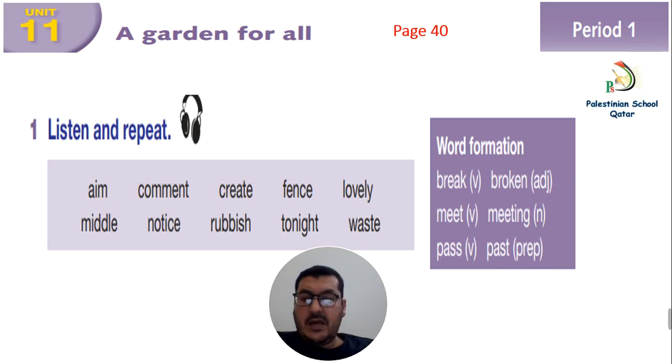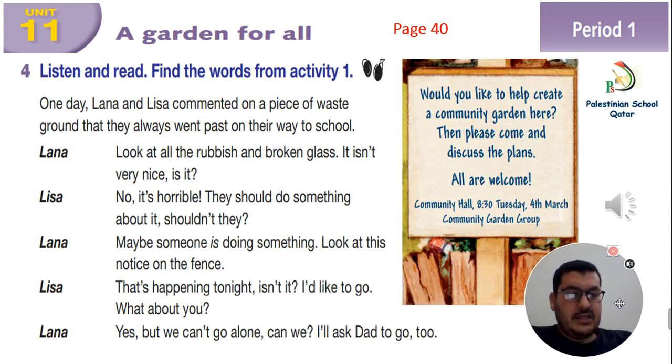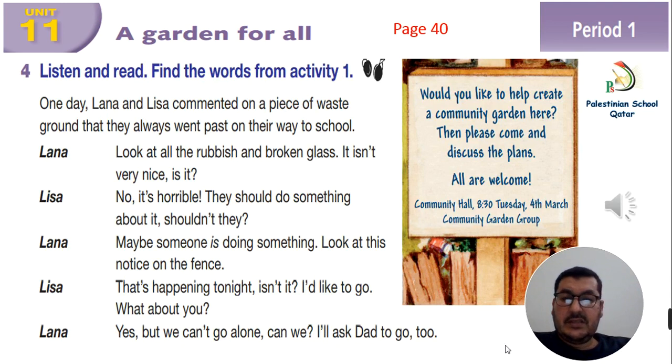Now today let's continue talking about our lesson. We need to listen to this conversation. At the beginning here we have a post on a tree. Would you like to help create a community garden here?